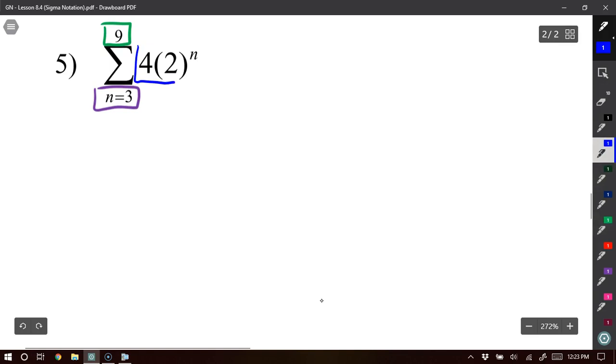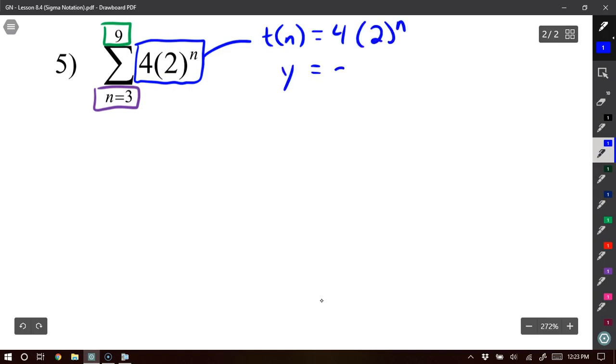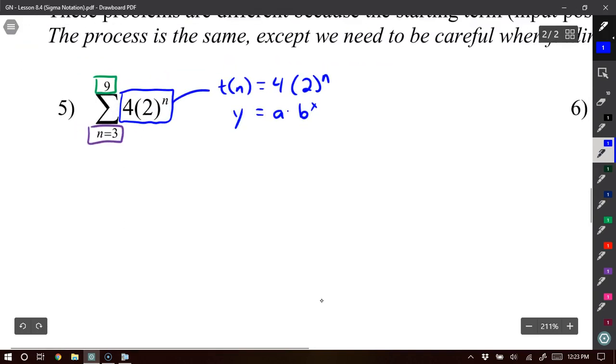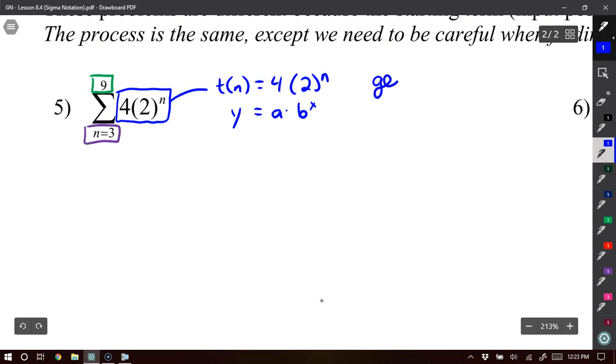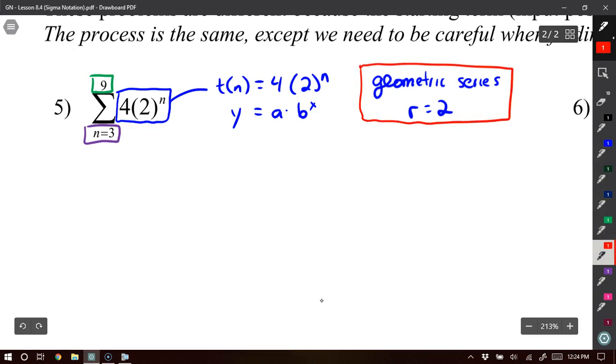And let's start with that expression like we did before, which in this case is t of n equals 4 times 2 to the n. That's very similar to y equals a times b to the x, which means that this is a geometric series. And my base, my common ratio, is 2. So I did answer that part. That's the same.